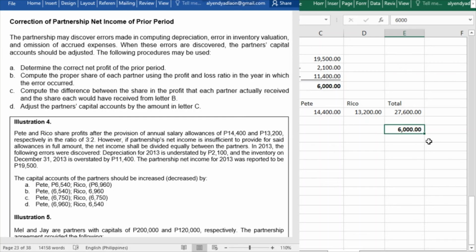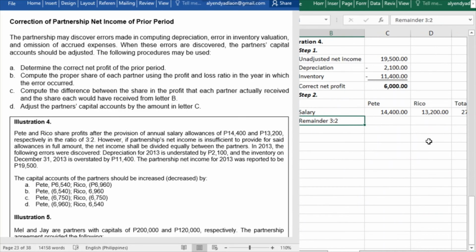Now, since our salary allowance is 27,600, but the net income is only 6,000, this means that it is not sufficient to be provided with salary allowances. So what we are going to do is simply divide the net income equally. To divide it equally, we have 3,000 for Pete and 3,000 for Rico.